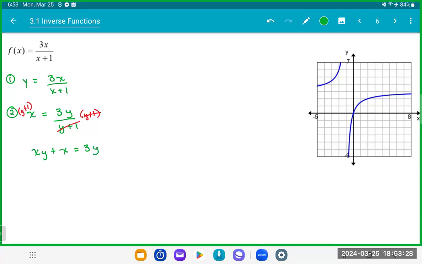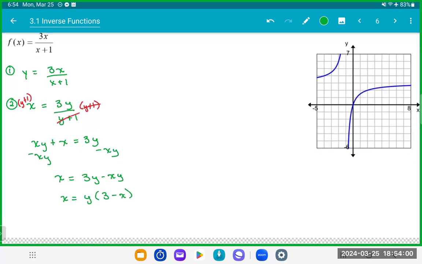Okay. We can minus xy from both sides to get our y's over on the same side. So this gives me x equals 3y minus xy. So now we can factor a y out of the right-hand side. So we have x equals y, that'll leave me with the 3 minus x.